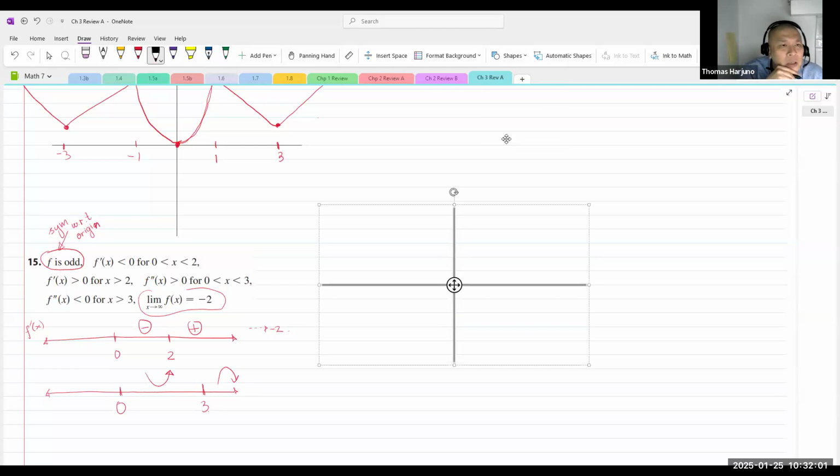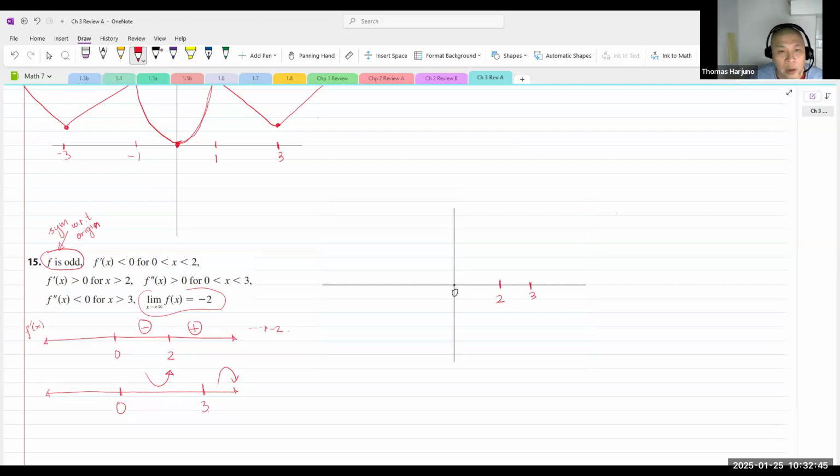Well, hold on, because it's symmetric with respect to the origin. Oh yeah, wait. They don't tell us if it is defined at 0, huh? If it is continuous at 0, then it must pass through the origin. But they don't tell us that it is defined at 0. So this is 0 here, this is 2, and let's say this is 3.